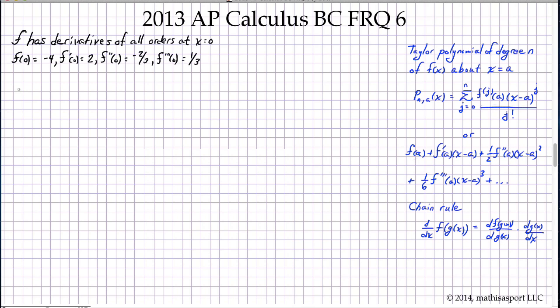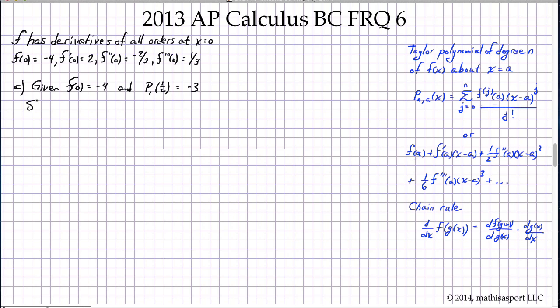Part A gives us, they say, given that we know that f of 0 equals -4, I'm just repeating that, and this very specific information that the first degree Taylor polynomial about x equals 0 for x equals 1/2 is exactly -3.